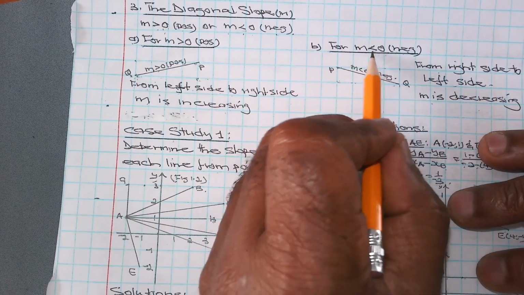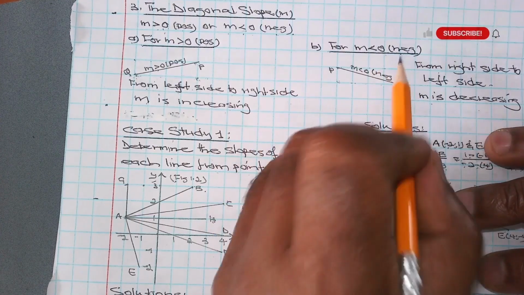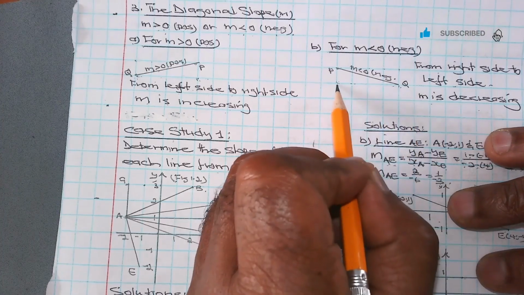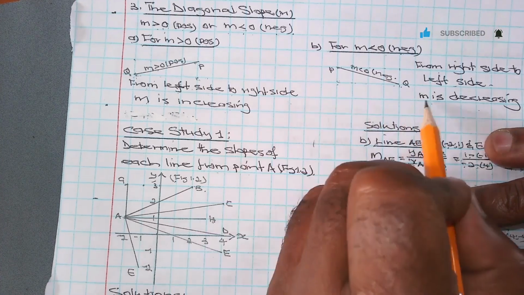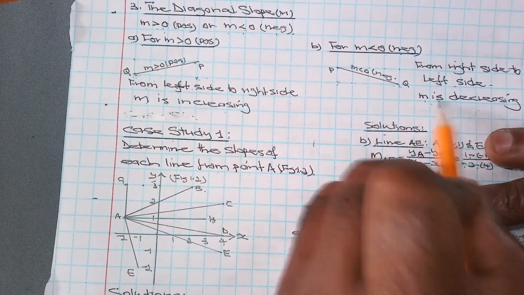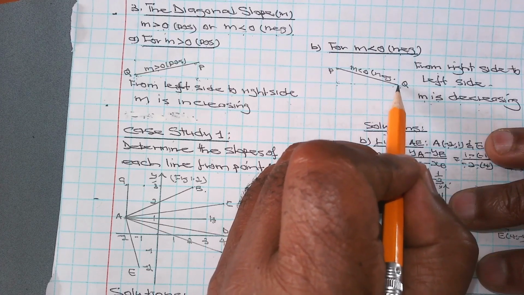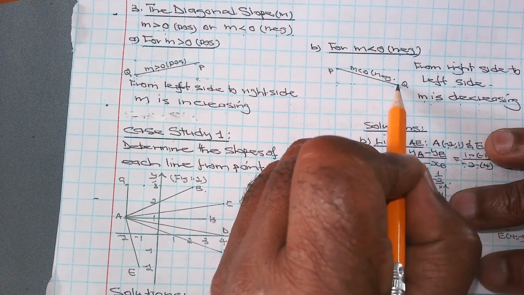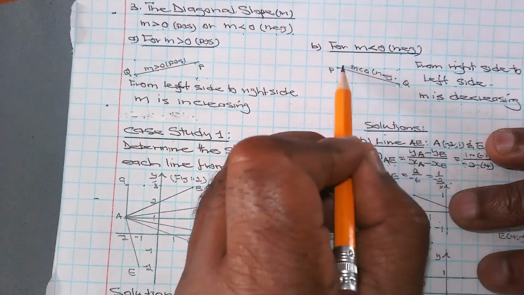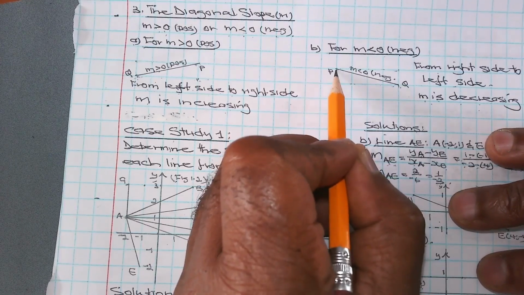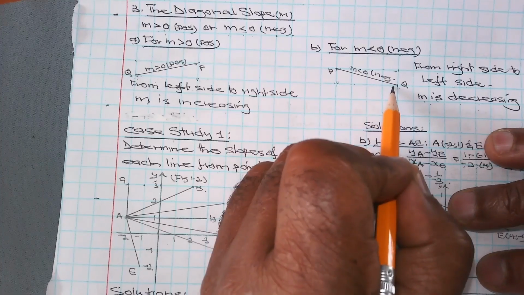For m less than 0, meaning negative, from the right side Q to the left side, the slope is decreasing. Rise y is positive, run x is negative.